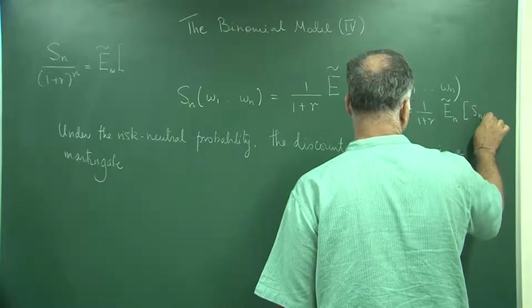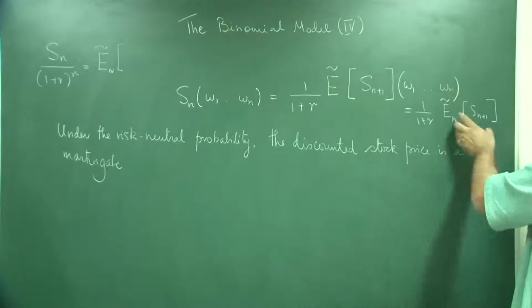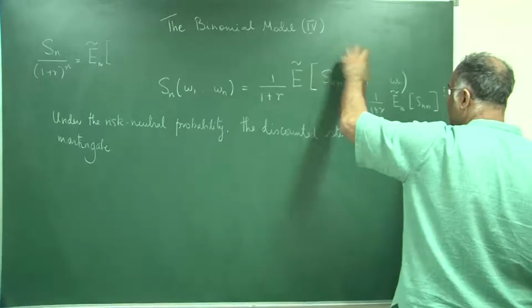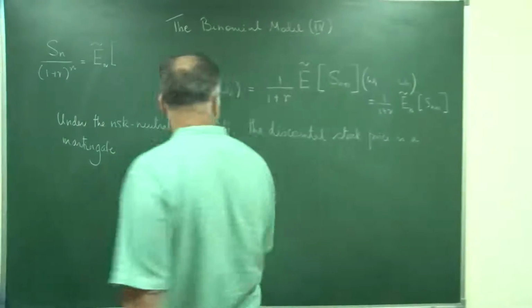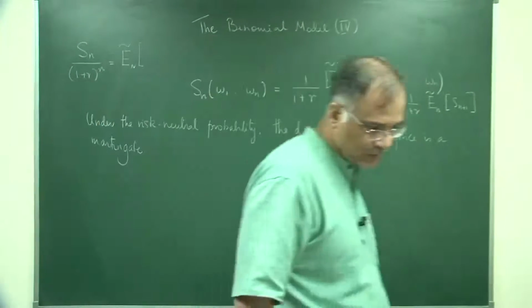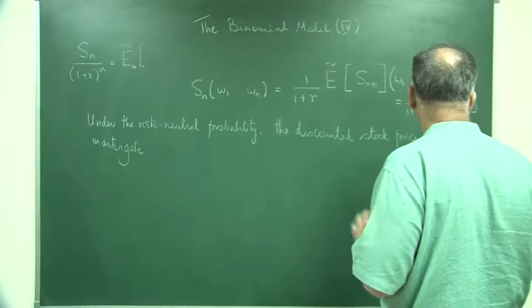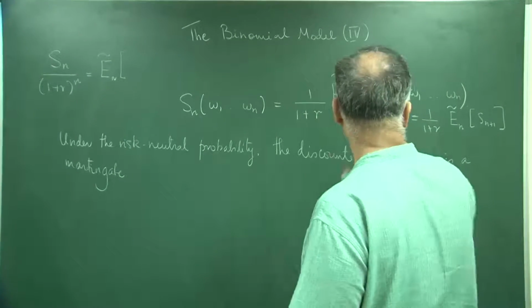So, when I am writing this, I am actually meaning this, and I am actually meaning this thing. So, this random variable operates on this, that is exactly what it is. Sorry, mistake in the signs. I think I will also put N here.